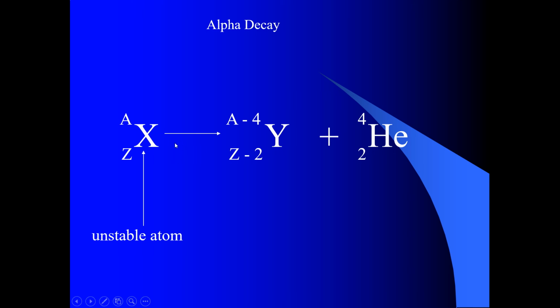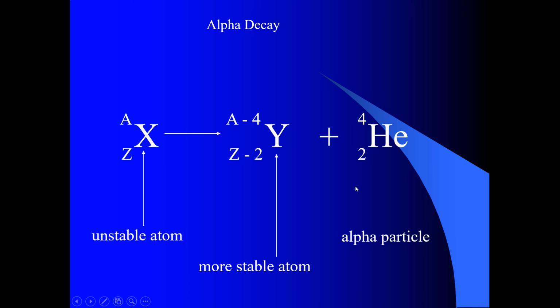When alpha decay occurs, we have a more stable atom that we represent by Y, and in the subscript we have Z minus 2. That is, the atomic number is reduced by 2, and in the superscript we have A minus 4, which means that for the stable nucleus after the alpha decay, the mass number is reduced by 4.